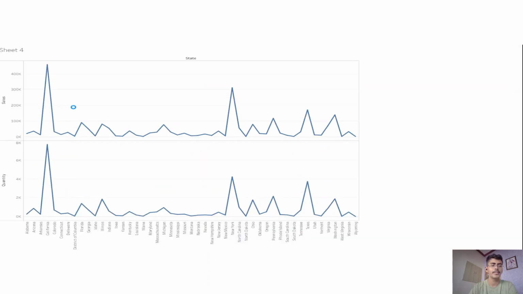This is a helical-like structure that represents this much sales and this much quantity. This helps understand the sales requirement and the quantity supplied.